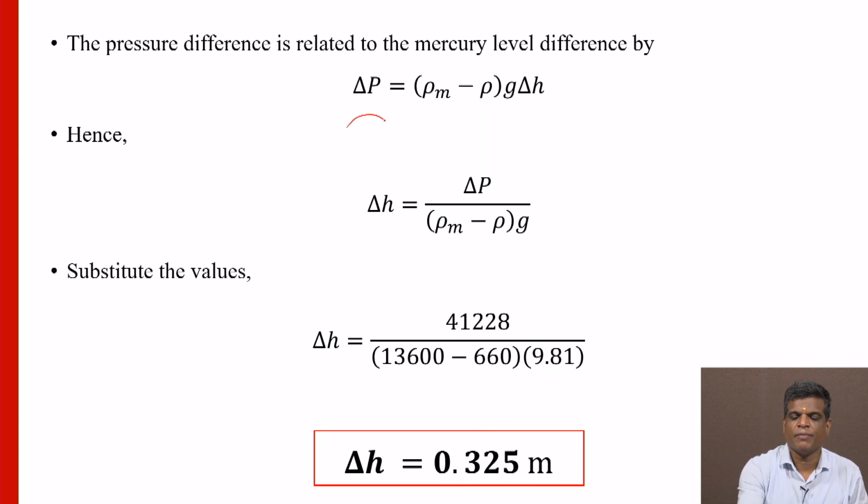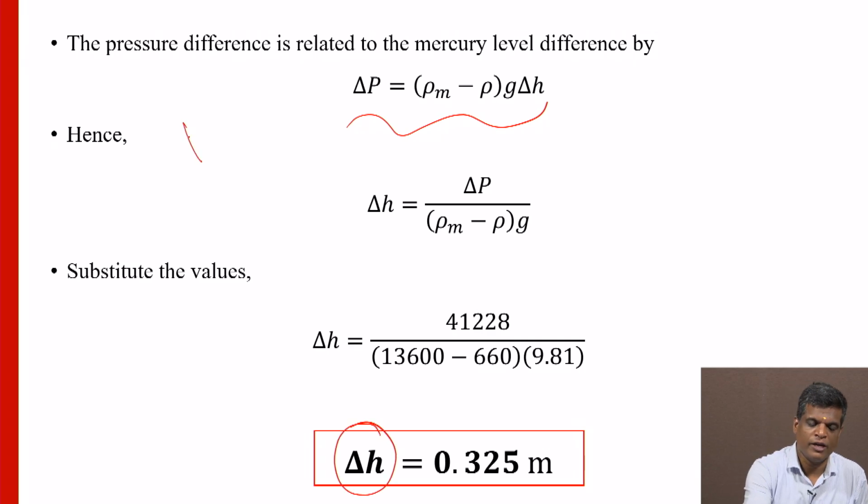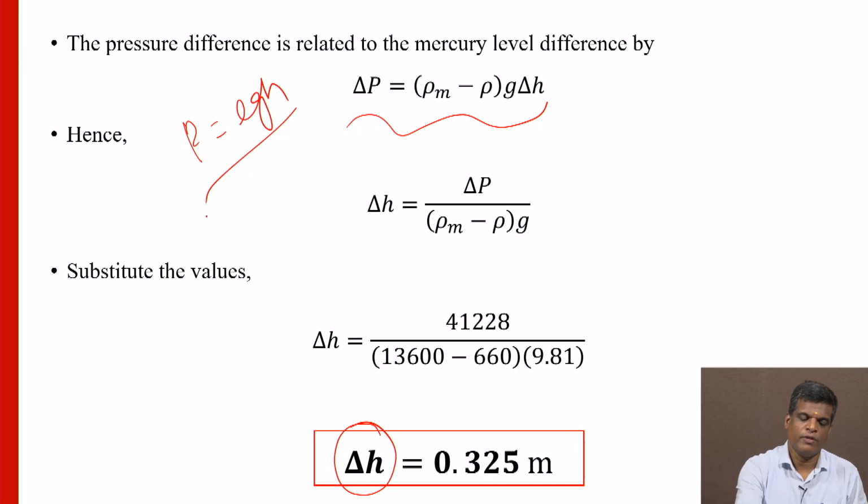Next, from the pressure drop, we want to get the head. Here we can always use P equal to rho g h, the pressure equal to the product of density, gravitational acceleration, and h, the elevation. Since two different densities are used here, we use different densities.